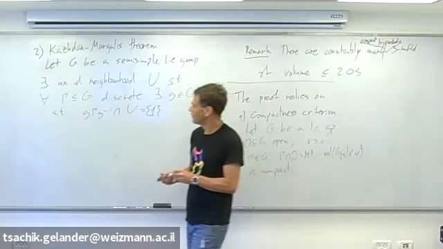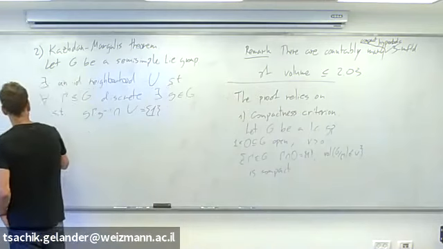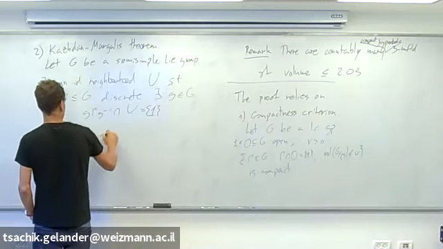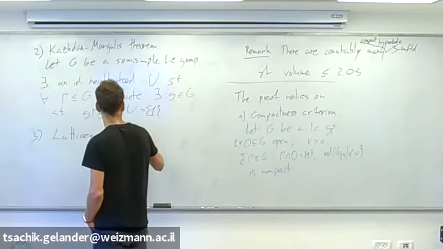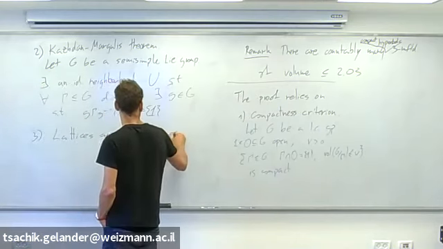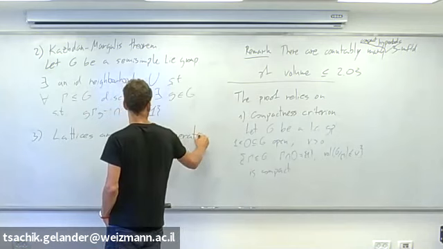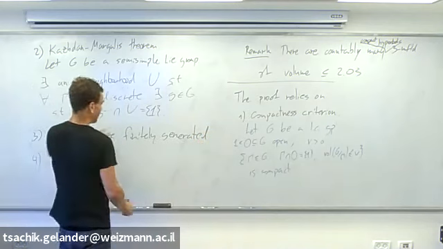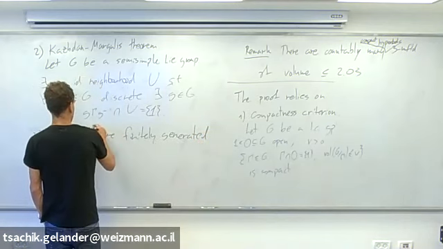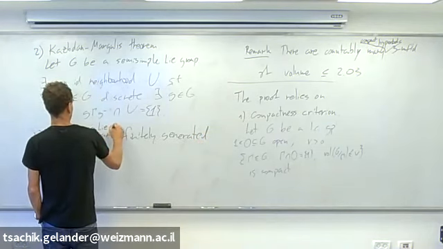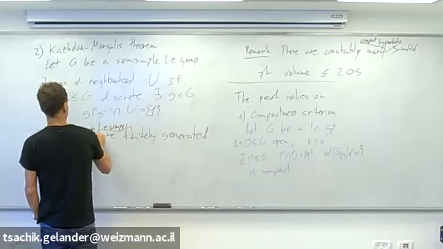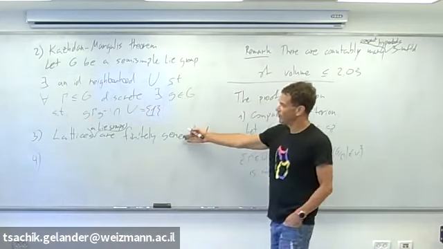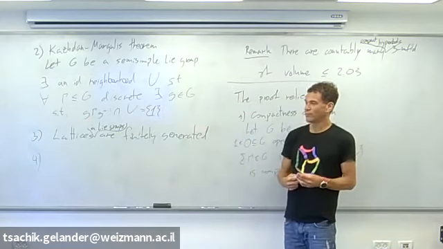The other two ingredients, let me just write them. Three is lattices are finitely generated, and four, this is lattices in Lie groups. It's not true in general for groups, as we know, but in Lie groups lattices are finitely generated. And this is also a non-trivial theorem.